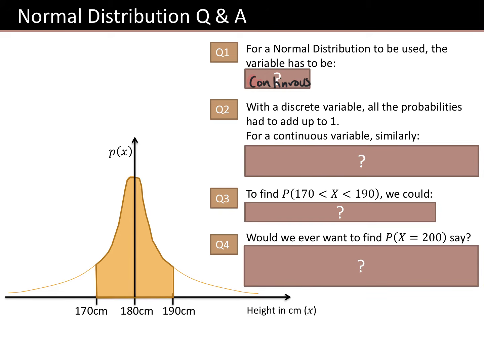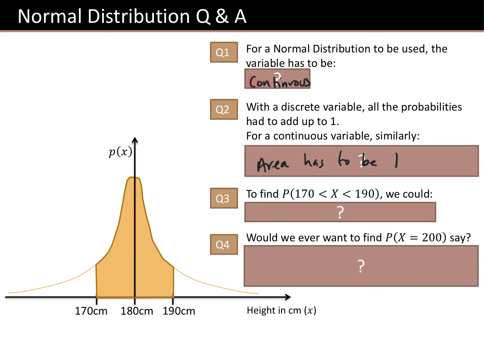And for a continuous variable, the area under the probability graph has to add up to 1, which we've just said. The area has to be 1, or 100%, okay?